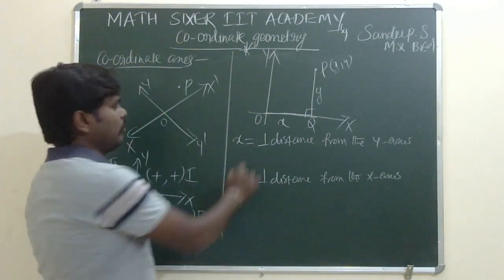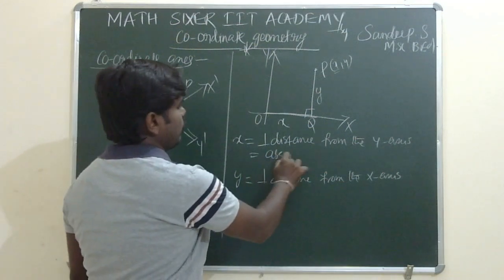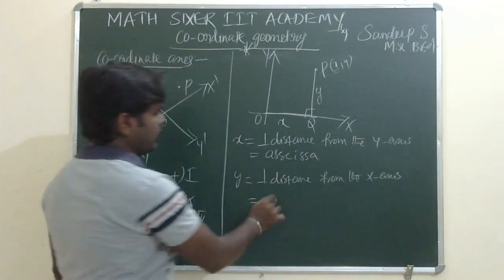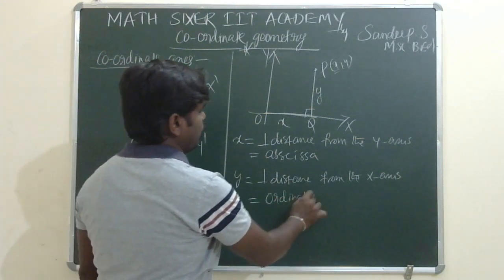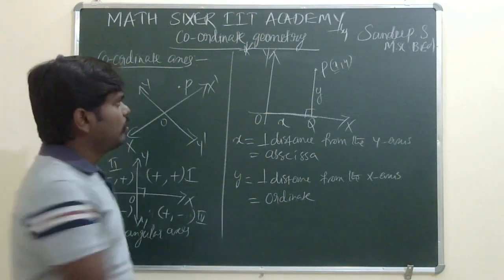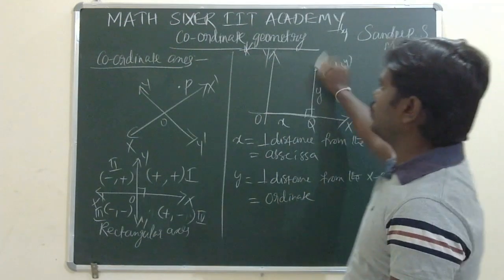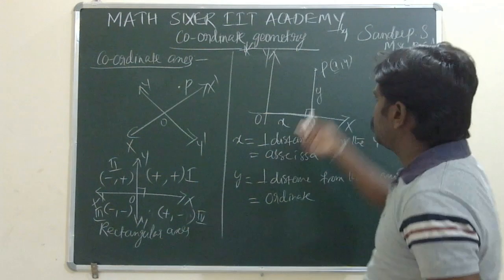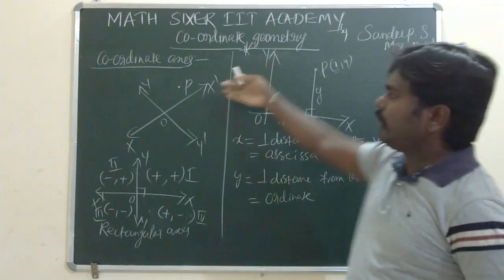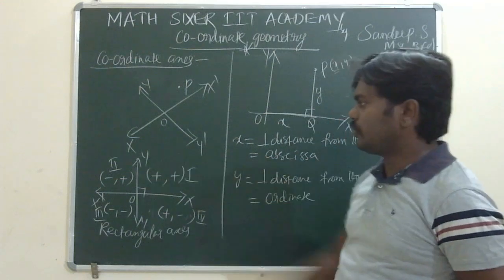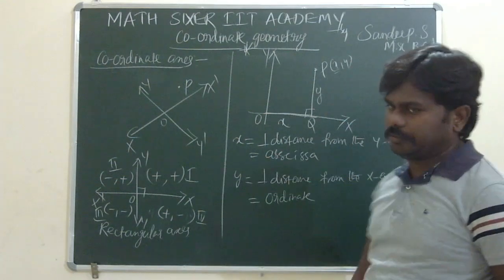This x coordinate is also called the abscissa, and the y coordinate is called the ordinate. Now the point P(x, y) is the position of the point P. This is a point not only in the first quadrant; we can take it in any quadrant, so the sign will also change based on the quadrant or the position of the point.